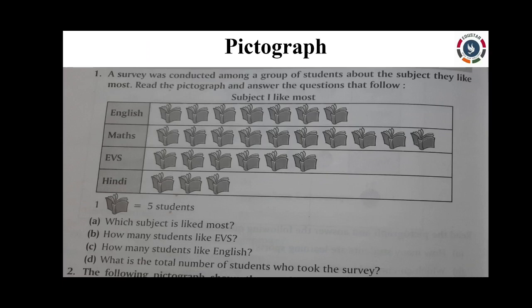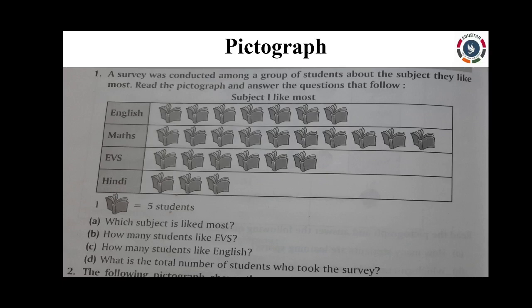Let us see this with an example. A survey was conducted among a group of students about the subject they like most. Read the pictograph and answer the following questions.